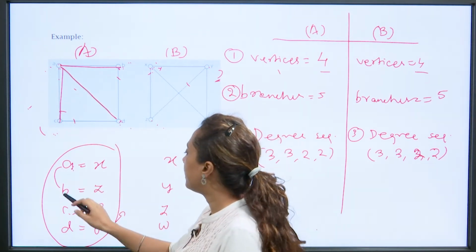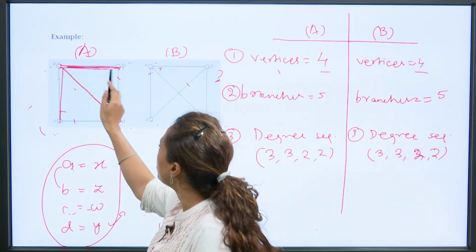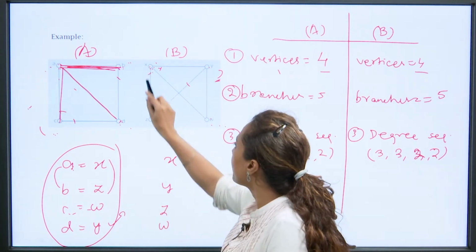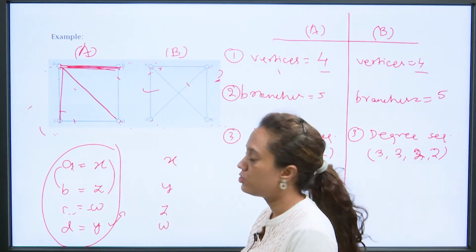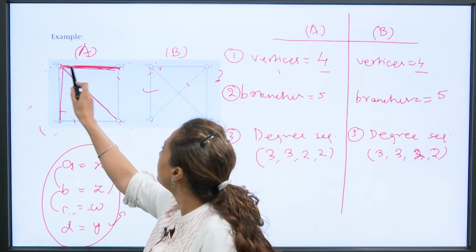A and B are connected and A and B have one branch only. So, we have to see whether X and Z have one branch or not. See, X and Z have one branch, right. Similarly, B and C are getting connected.